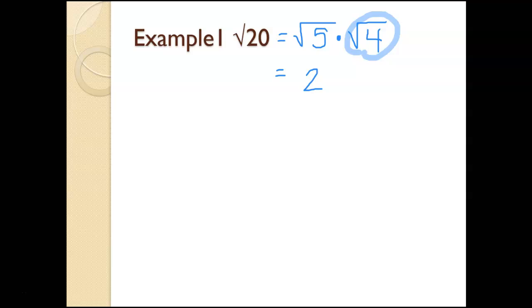The square root of 5 is not a perfect square. 5 is prime, so it doesn't break down into smaller factors. So this remains 2 square roots of 5.